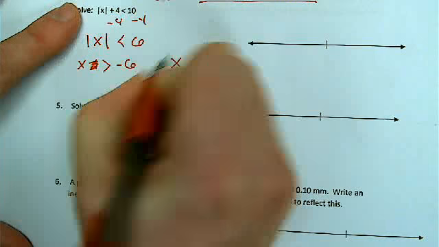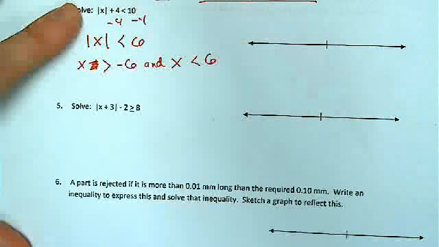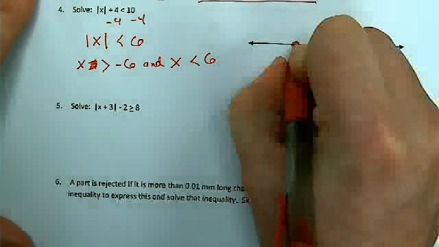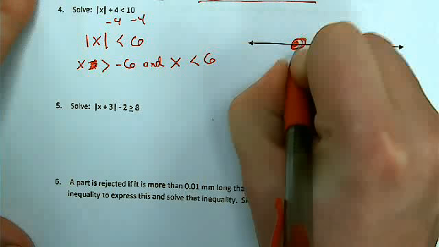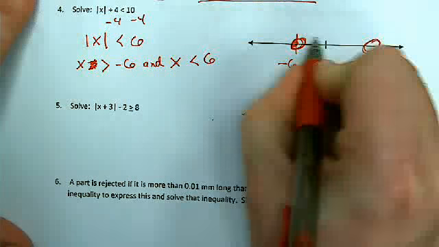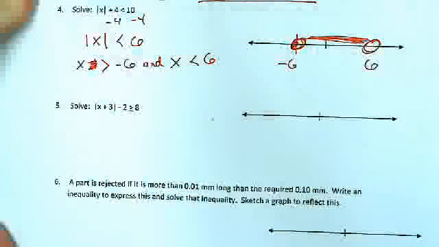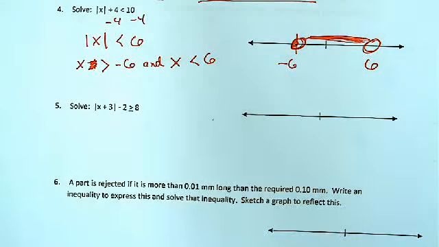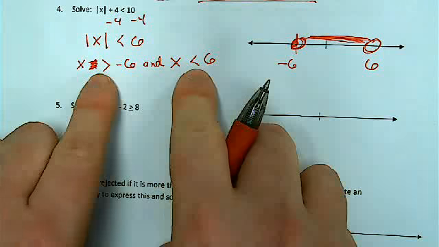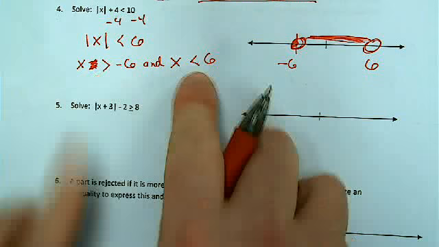And since it's less than, I use the word and. When I graph this then, I have an open circle on negative 6, an open circle on positive 6, and it's the space in between. Remember, they're open circles because these are greater thans and less thans, and not greater than or equal to or less than or equal to.